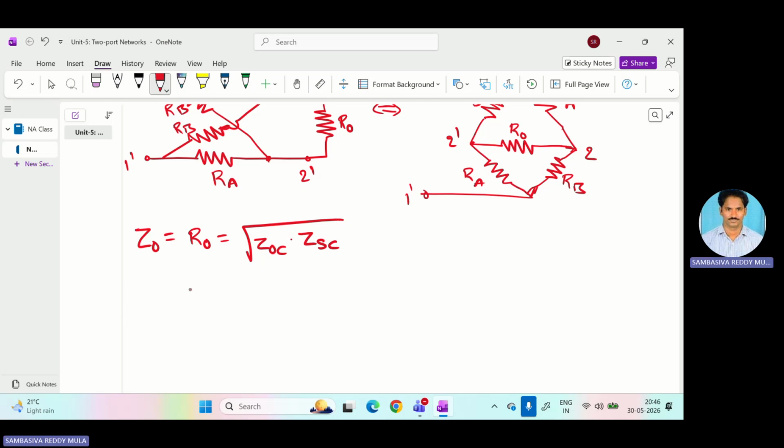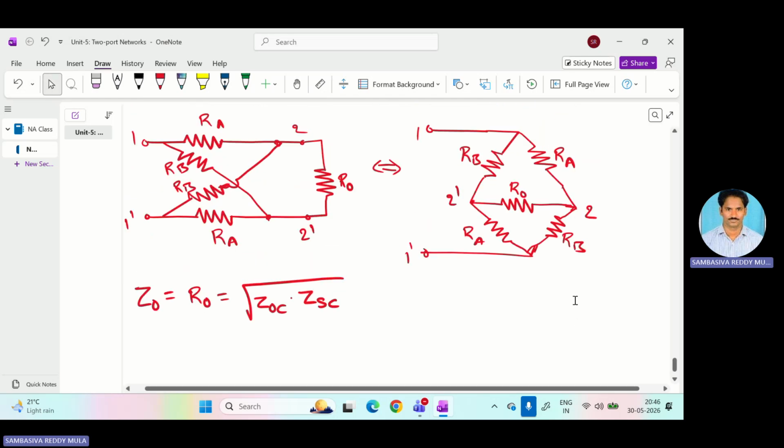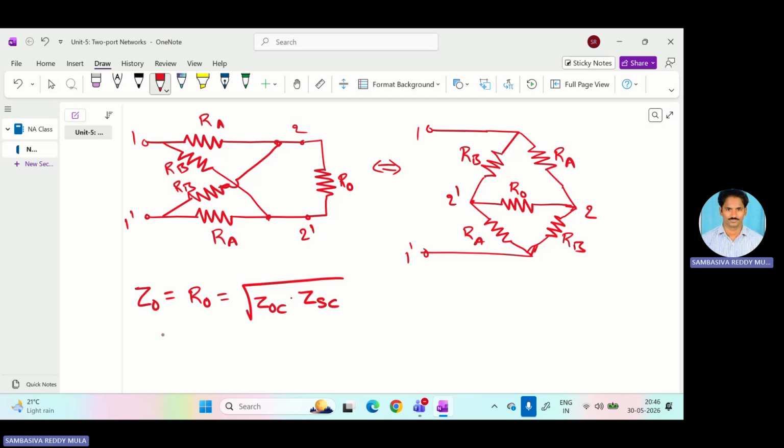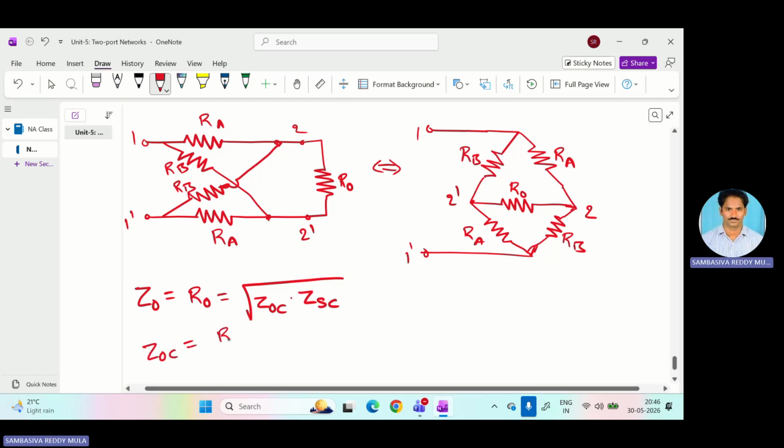Here ZOC means the output terminals are open circuited, and ZSC means the output terminals 2 2 dash are short circuited. In this network, if you open circuit the terminals, RA plus RB in both the arms are in parallel. So the parallel combination of RA plus RB and RA plus RB gives ZOC, that is RA plus RB divided by 2.